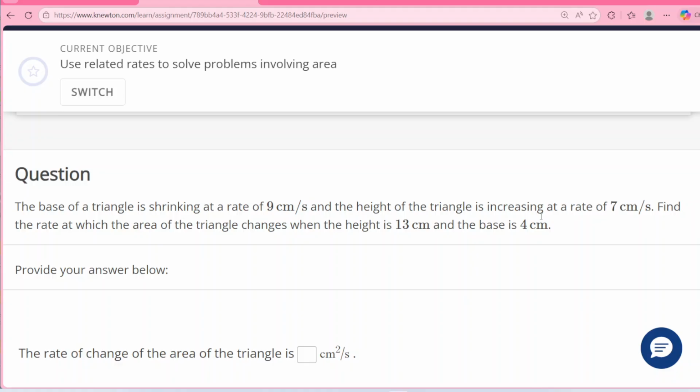Increasing means a positive rate of change, whereas shrinking or decreasing will mean a negative rate of change, and I'll keep that in mind as we write things out. So we're asked to find the rate at which the area of the triangle changes when the height is 13 centimeters and the base is 4 centimeters.